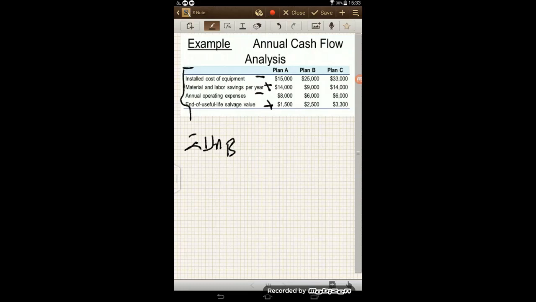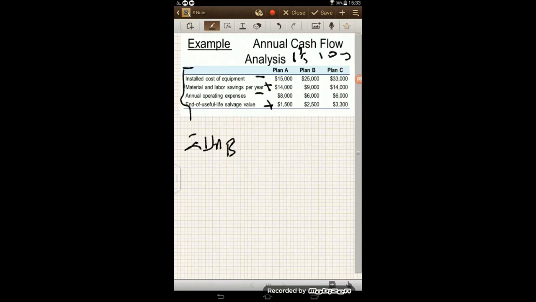So how are we gonna calculate this guy? Let's make it first. How many years are we talking about? We are talking about 10 years and 8% interest rate. So let me change it to my table for the 8% and for 10 years.